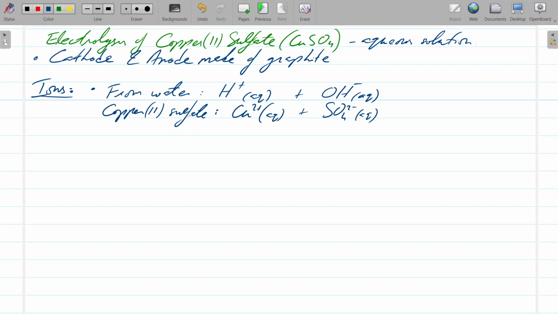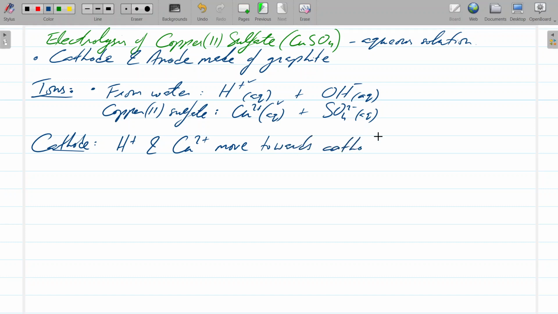Now what are we seeing at the cathode? At the cathode, you obviously have a choice between the hydrogen ion and the copper ion. Now, if we recall the guidelines for electrolysis, which of these two ions would be preferably accepting electrons at the cathode?